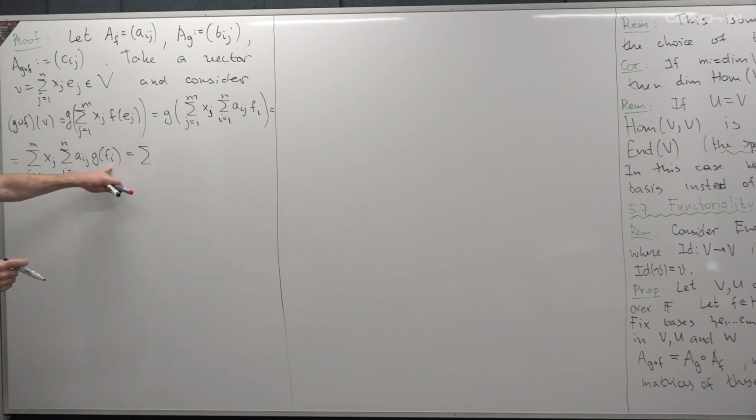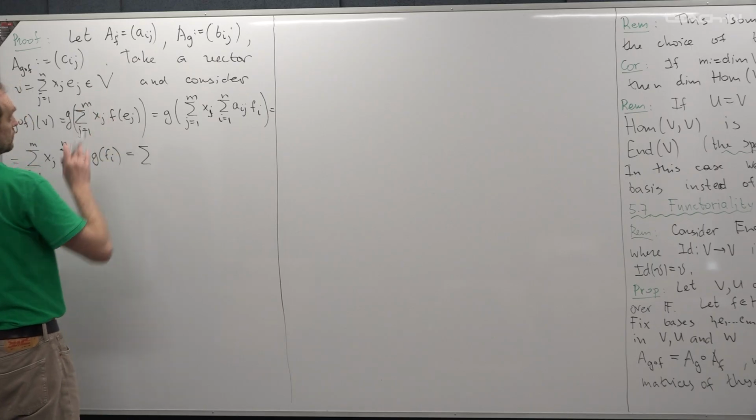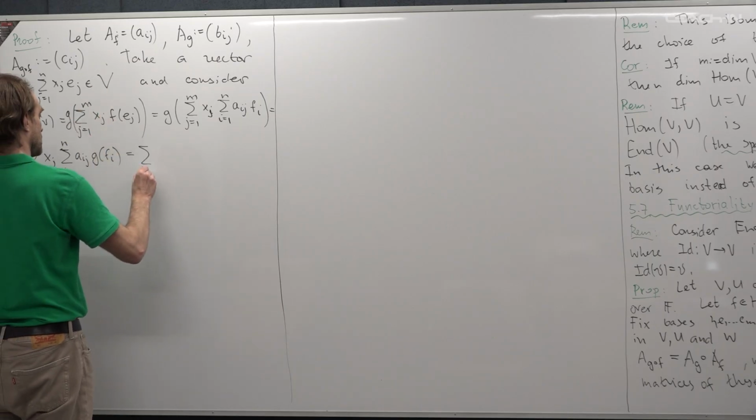So this is what we get, and now we apply this mapping to a vector from the basis that we chose in the second space.